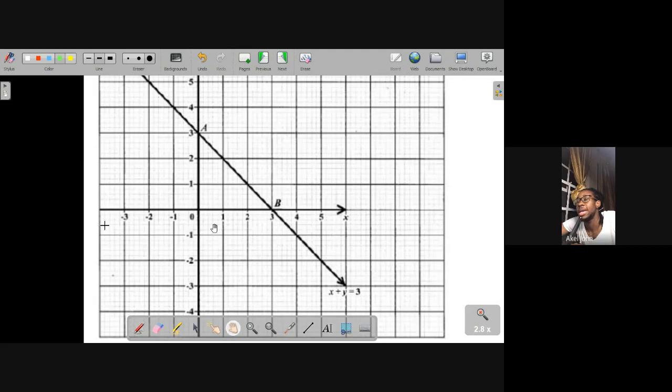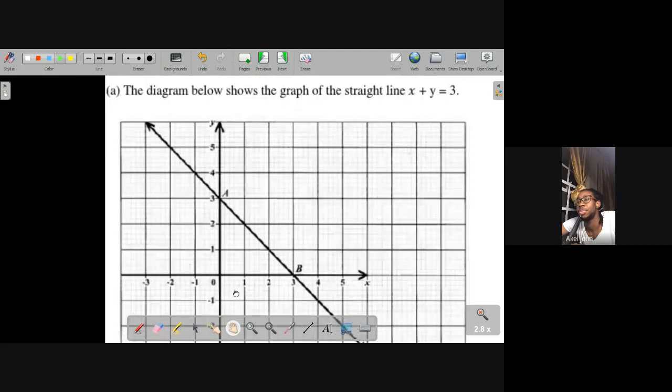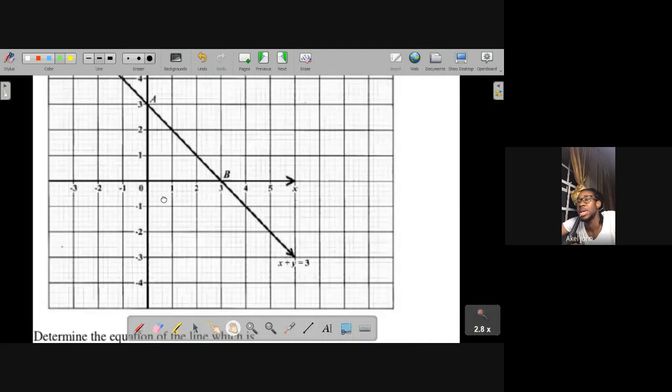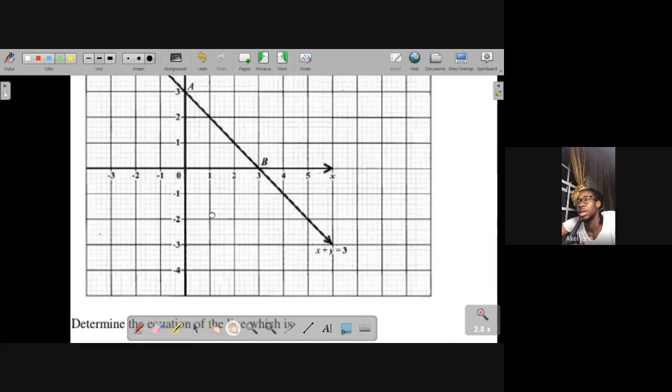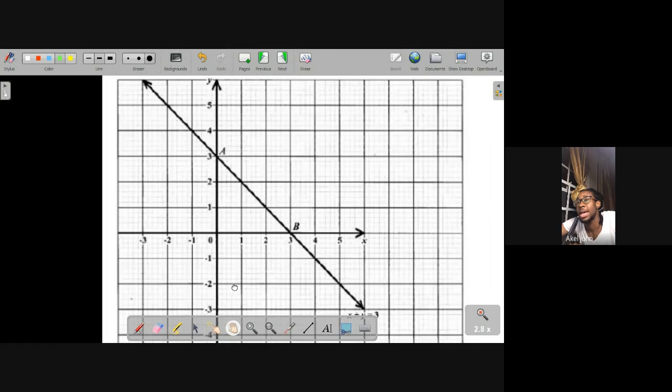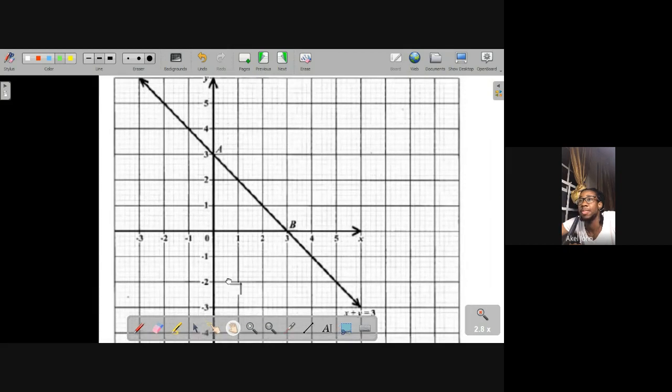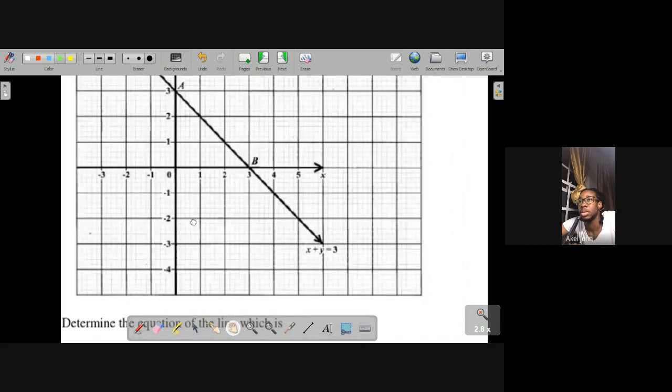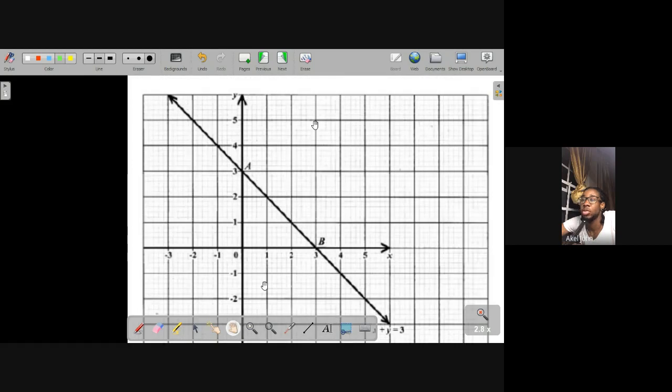So here we have the line x plus y is equal to 3, sorry, I mixed it up. What makes up that line is points A and B, at 0, 3 and 3, 0 respectively.